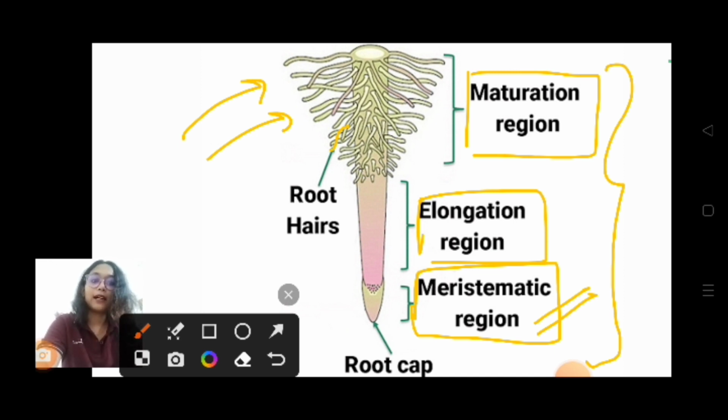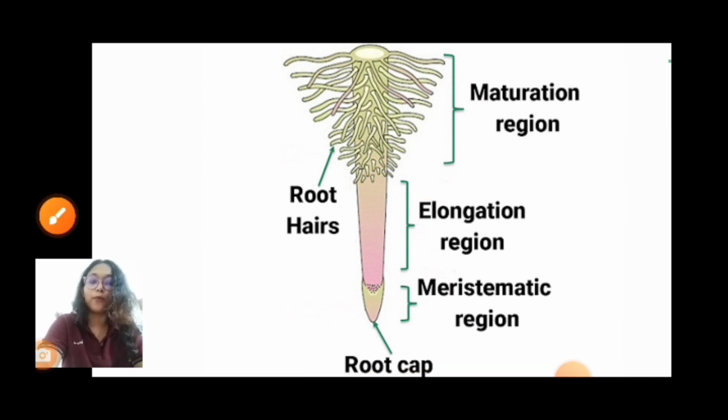Okay, and which is protected by the root cap. The root tip is protected by the root cap so that it does not get damaged. Okay. So 3 regions you have to know: maturation region, elongation region, and meristematic region.